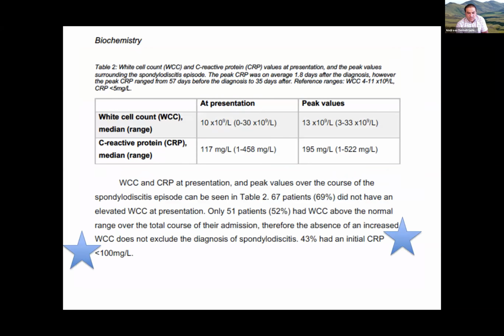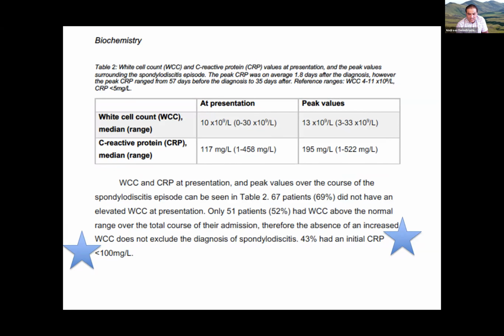And similar to our case, the CRP was high in all the cases, both at presentation and taking into account the peak. However, the white cell count wasn't necessarily very high. 67 patients did not have an elevated white cell at presentation, and only half of them, or just over half of them, had the white cell count above the normal range over the entire course of their admission.